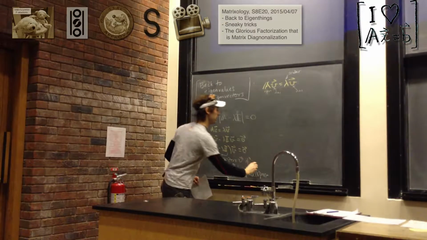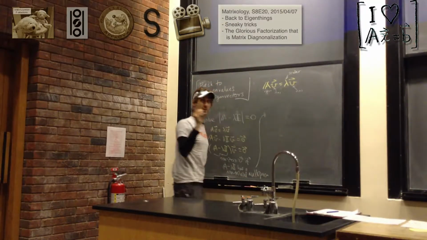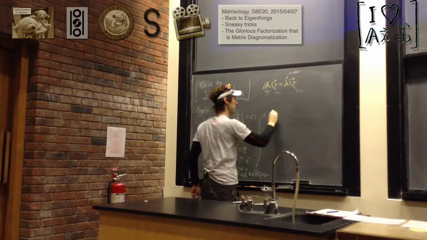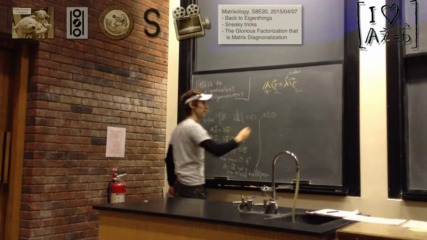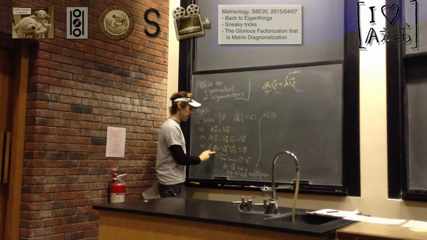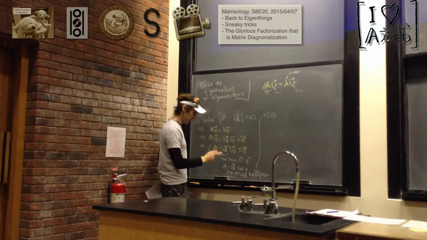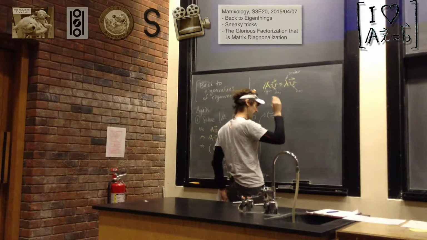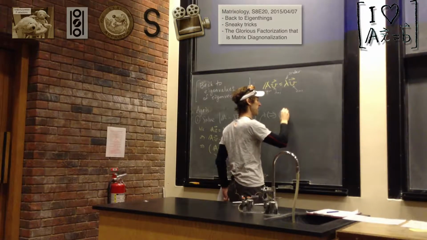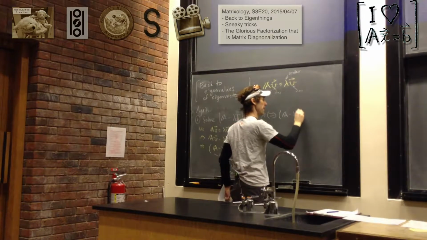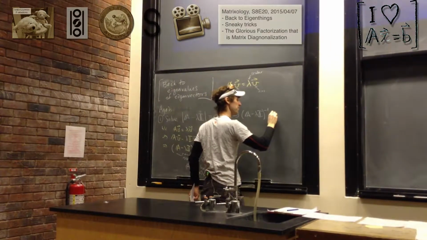And what's that equivalent to? Well, that's equivalent to a lot of things, as in one of those videos. This is a square matrix, so it's the same as saying that it has a non-trivial null space, that it has no inverse, it does not exist.